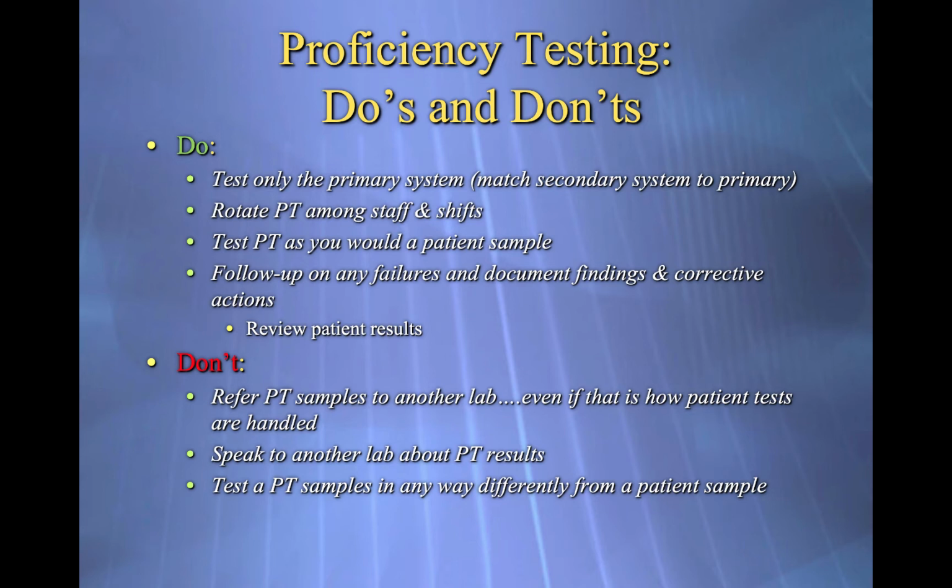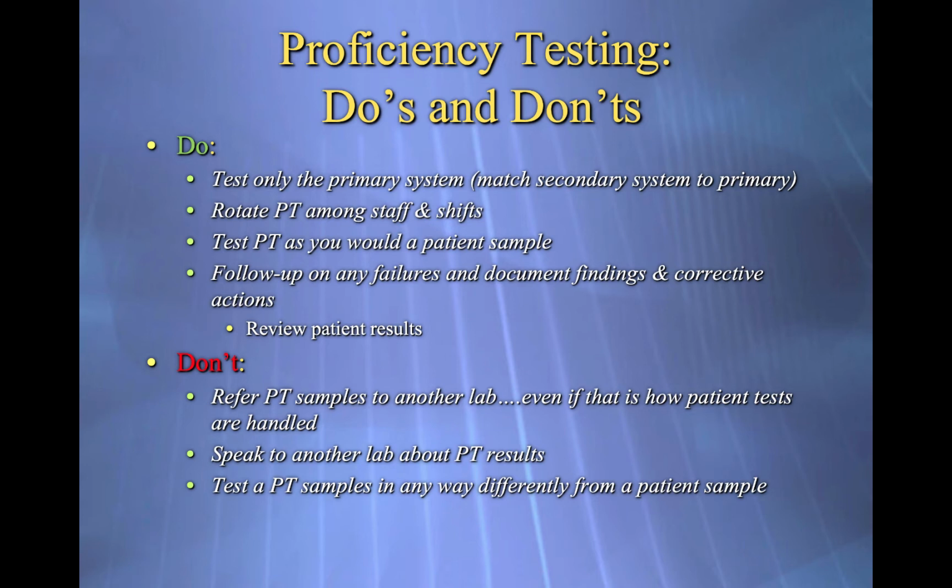It can only be used by that CLIA, and you may not trade it to a different lab with a different CLIA. You may not speak to another lab about proficiency testing results, certainly before the results go in, but it's also just bad form to talk about proficiency tests after the fact. And you should not test the PT sample in any way differently from a patient sample.